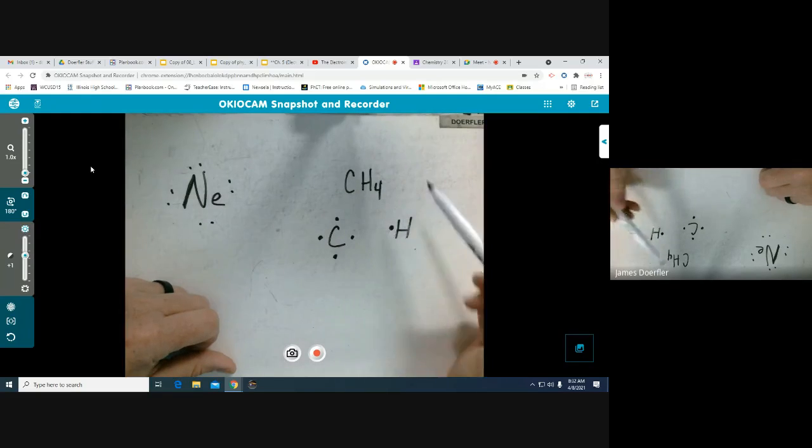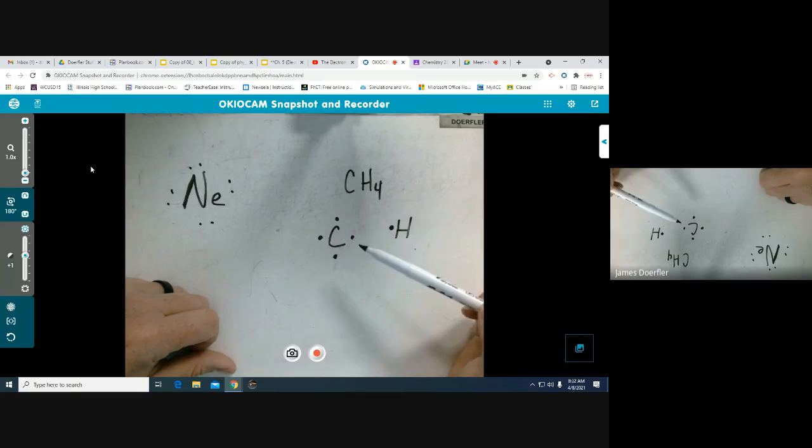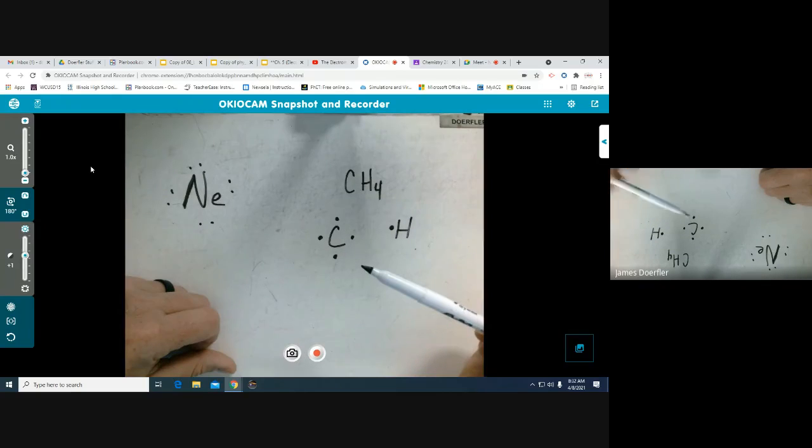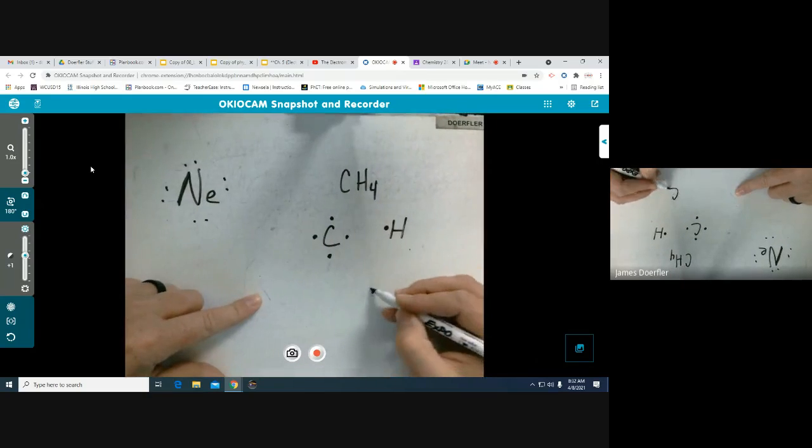Because we're going to place 4 hydrogens around the carbon, and by doing so, we're going to satisfy each of the atoms' octet, or I guess 2-tet for hydrogen.